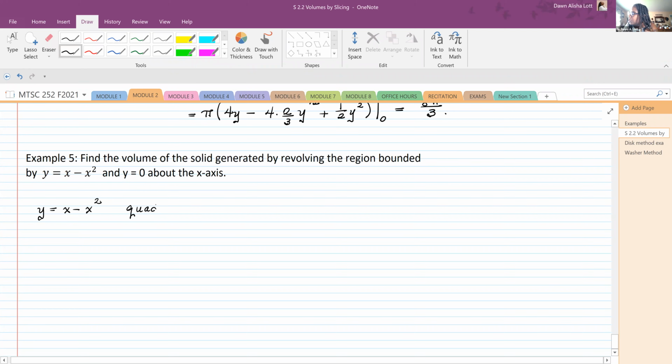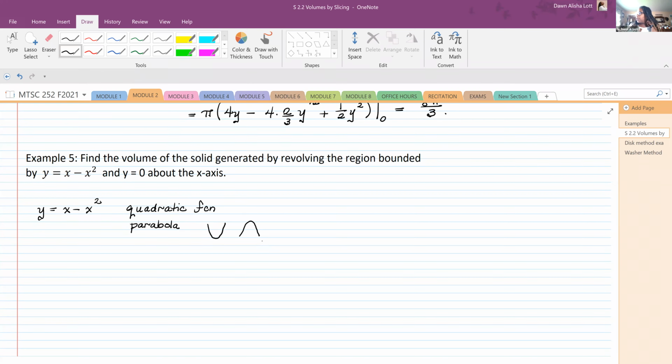Okay, so what does that mean? What shape does it have? It makes a parabola or a curve, like a hill. Okay, it is a parabola or a hill. So is it like this, or is it like that? The second one, because it's negative, I guess. Okay, so that's perfect.